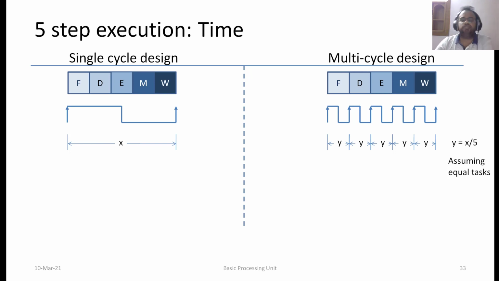Now, for the moment, just assume that both the single cycle design and multi-cycle design will take the same amount of time, which is x seconds, or let's say x nanoseconds for one instruction, and all the instructions will go through the five steps.